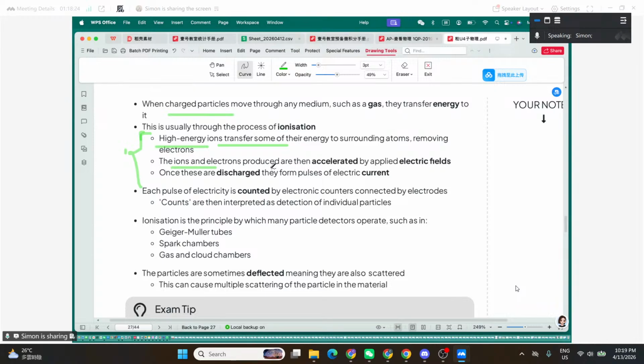Once they are discharged, they form pulses of electric current, and each pulse is counted by electronic counters connected to the electrodes. And finally, remember this one: ionization is the principle by which particle detectors operate.